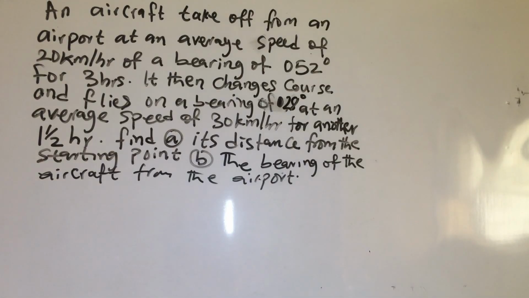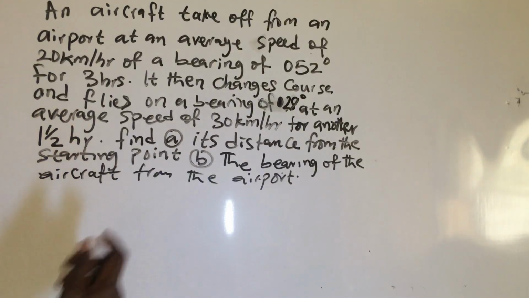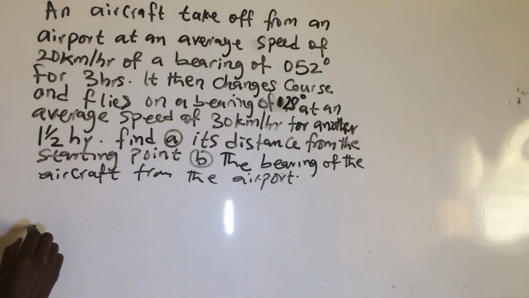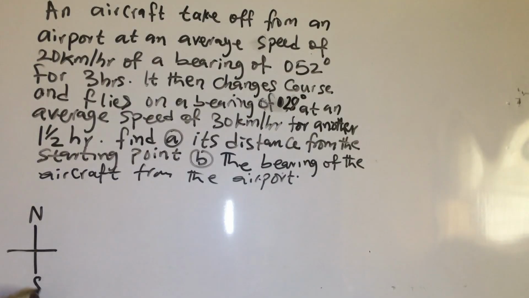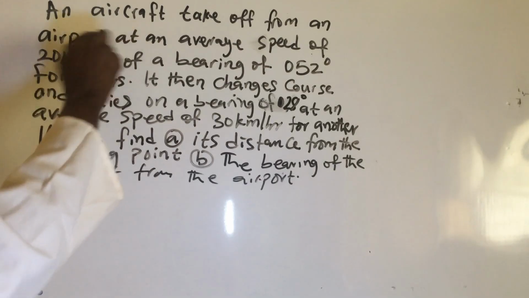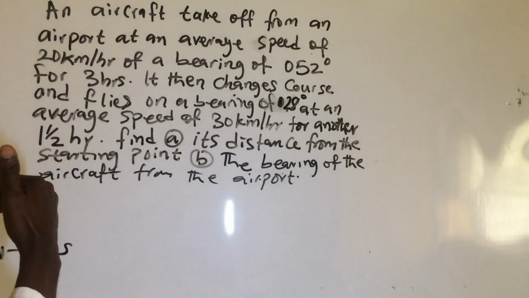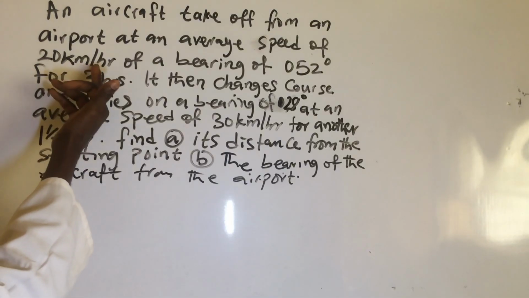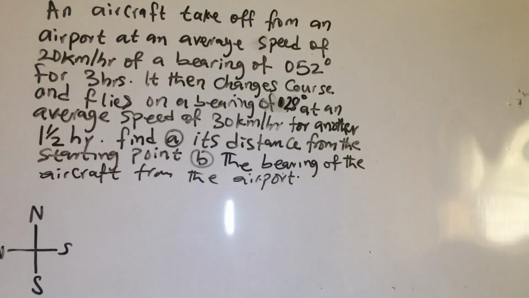The diagram: it said that an aircraft takes off from an airport. Let our airport be this point with the 4 cardinal points, which are north, south, west, and east. The aircraft takes off on a bearing of 52 degrees.